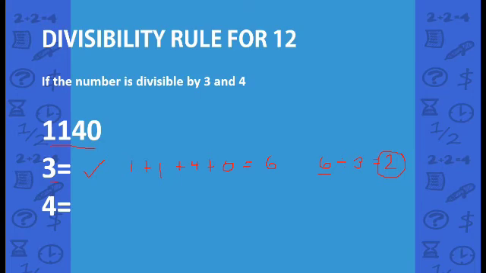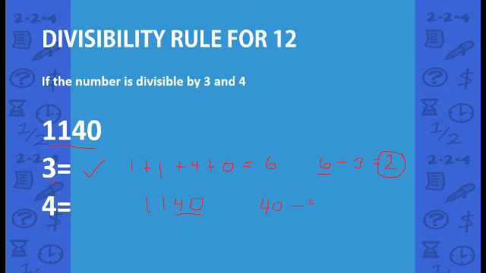Now, let's check if 1,140 is divisible by 4. Let us rewrite. 1,140. Tingnan natin ang dalawang huling digit. Ito ay 40. So, let's see if 40 is divisible by 4.